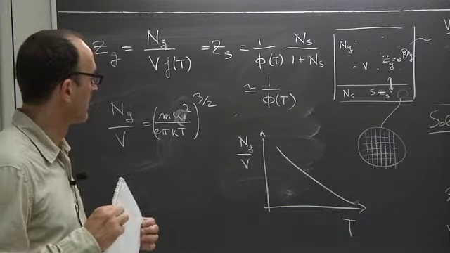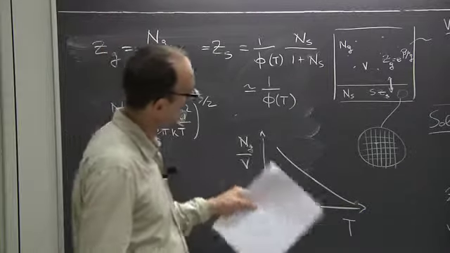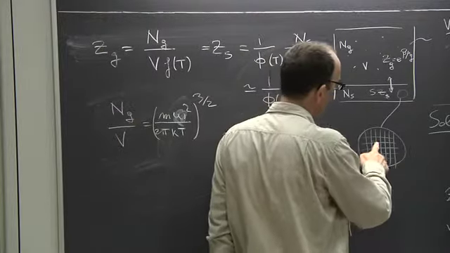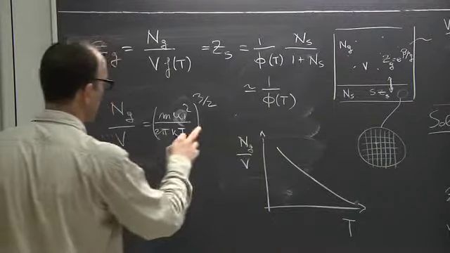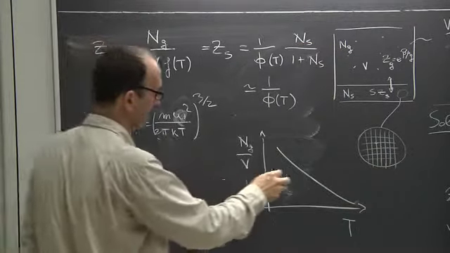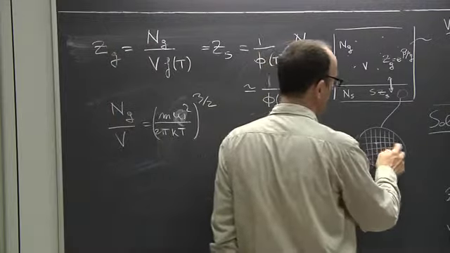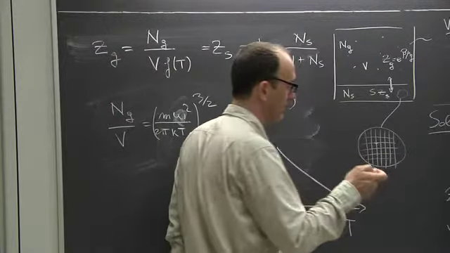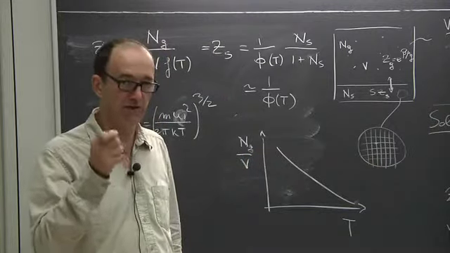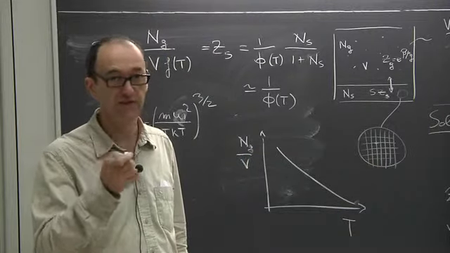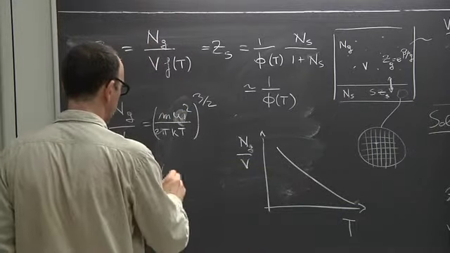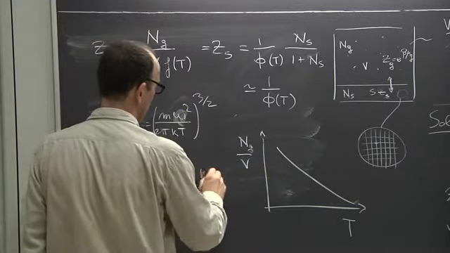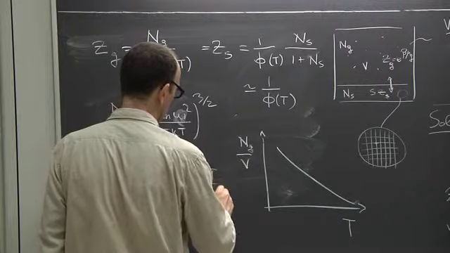So what you can imagine is that if we had taken instead of this model a model where the oscillation of one atom were measured by only 1 degree of freedom instead of 3, then this phi of t would have been just kT divided by h bar omega.